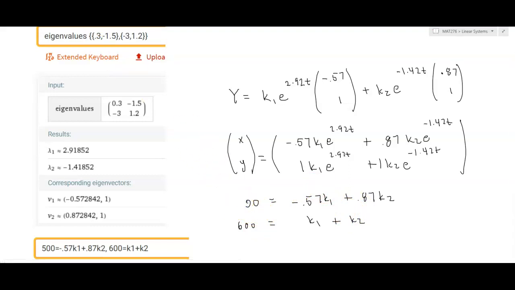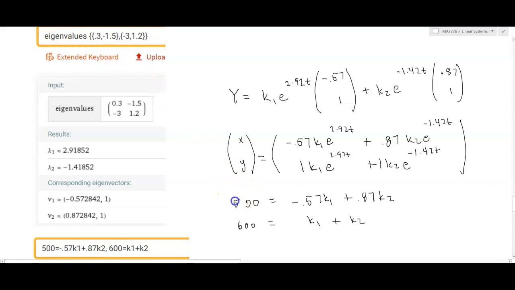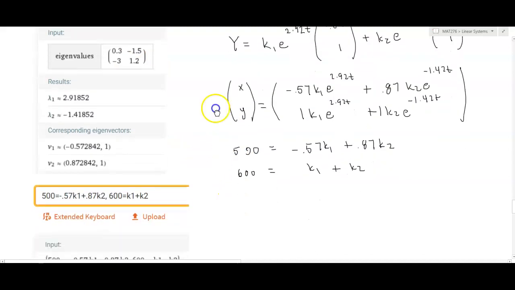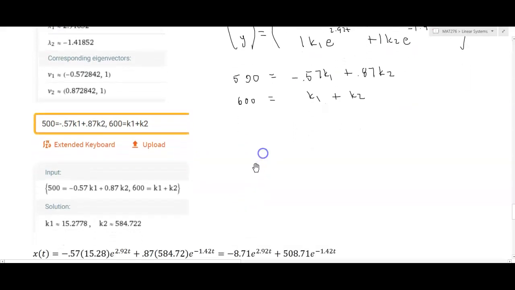So to do that, I will plug this into Wolfram Alpha to solve this system for me. So here we have the first equation, comma, the second equation. And we end up with a solution of k1 is about 15.28, k2 is about 584.72.